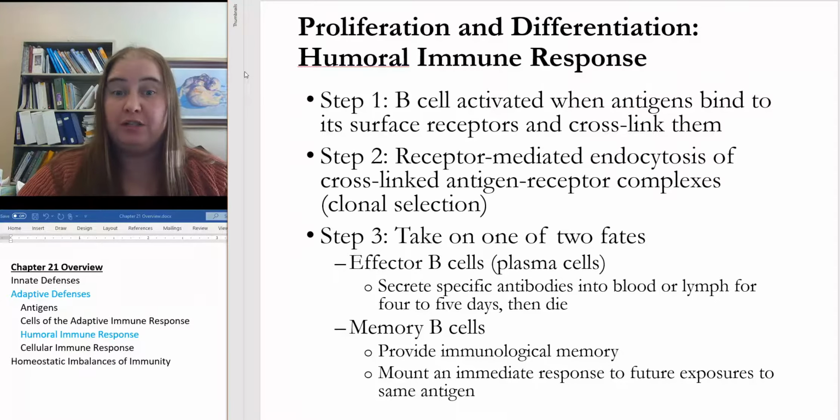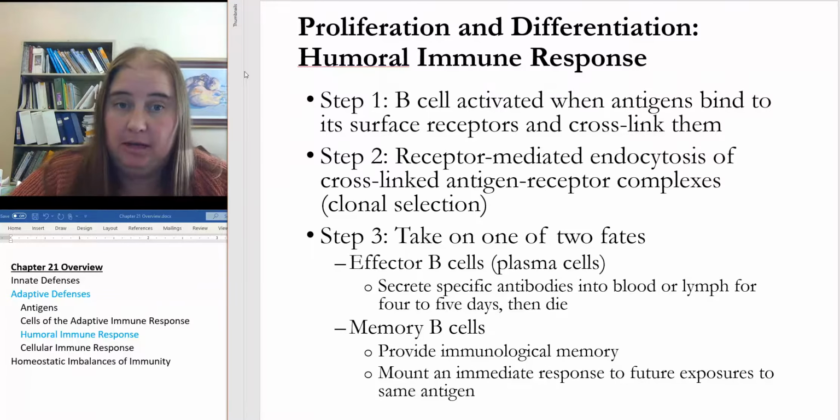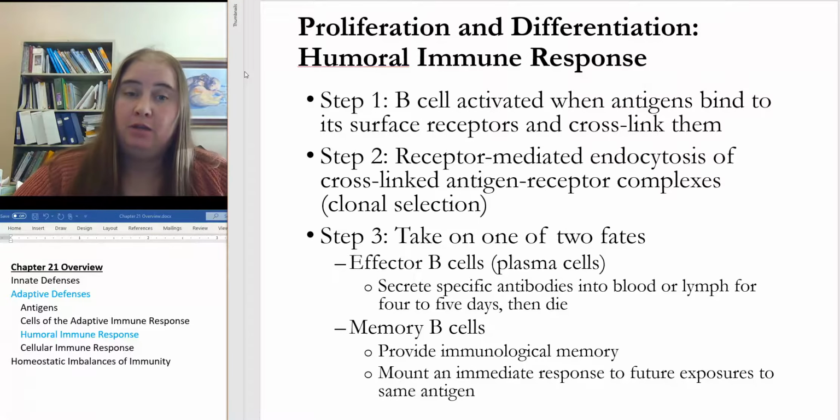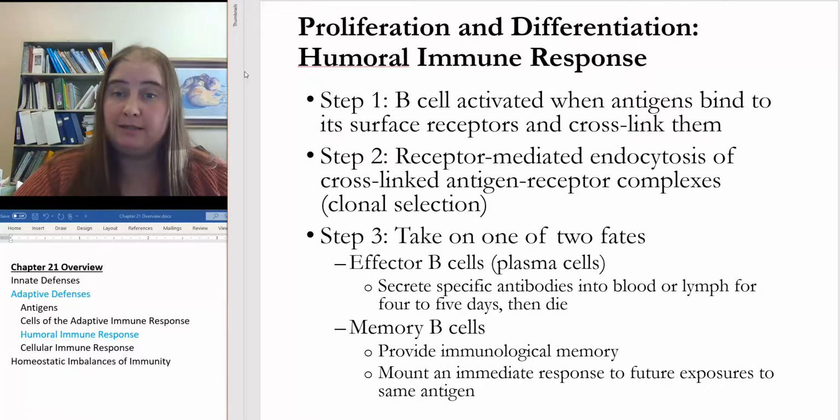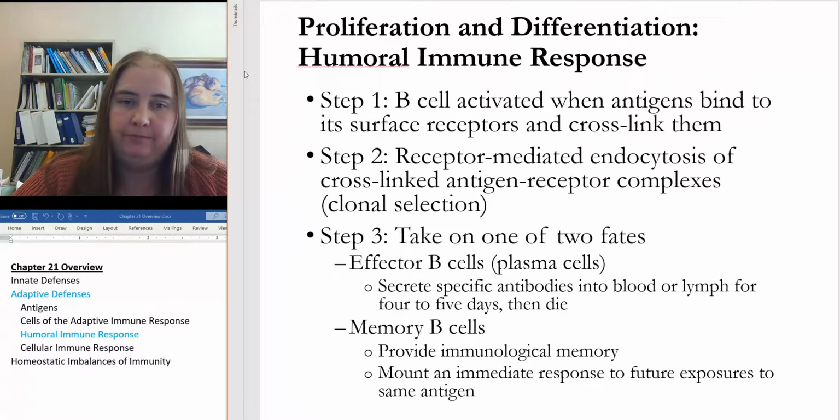So the first thing that's going to happen is our B cells will become activated when that antigen binds to the surface receptor and you basically get a cross-link. The receptor, through a receptor-mediated endocytosis process, will basically internalize that antigen. And one of two things will happen.